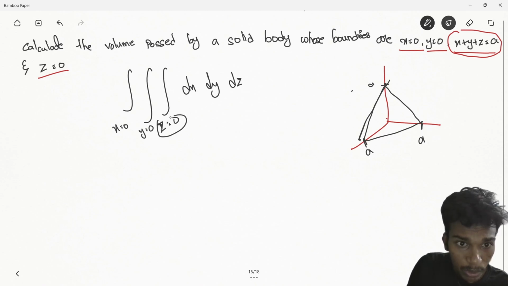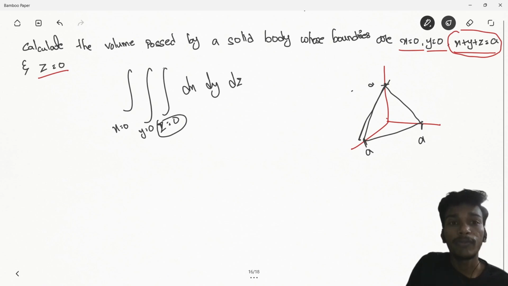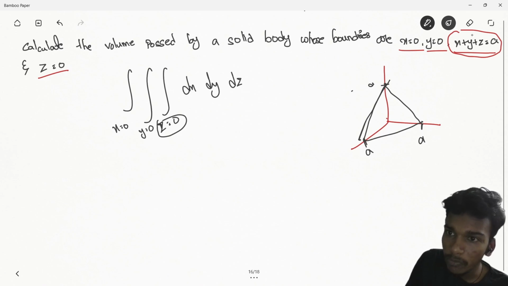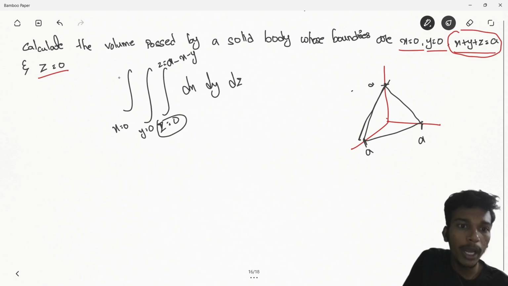If z equal to 0, then I get a limit of z for a function which doesn't contain z. And I'm going to write the other limit of z as z equal to a minus x minus y. Now I get rid of this dimension, and I'm left with two dimensions.